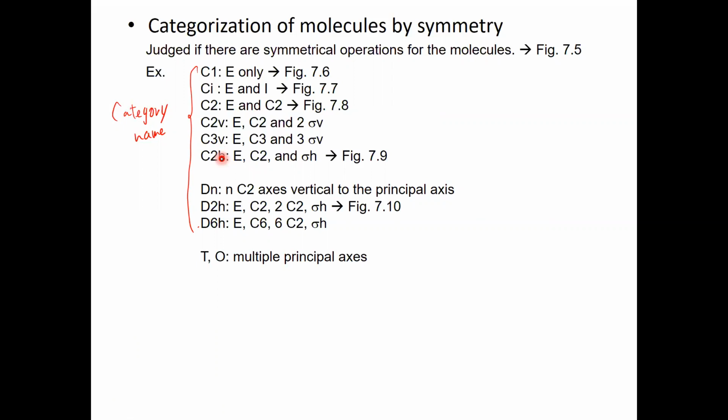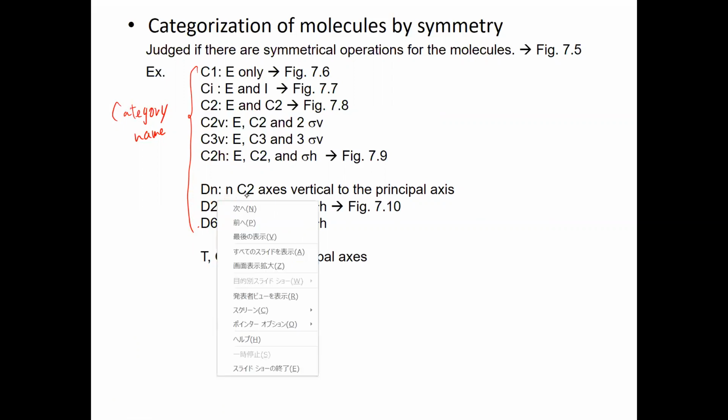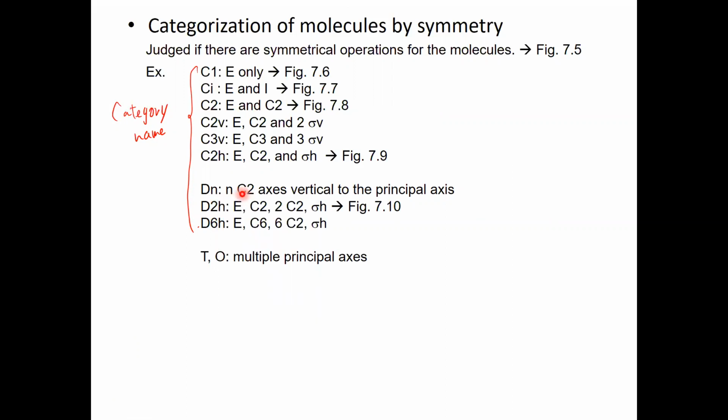Okay, and if we go further, you can see more symmetrical molecules. In the case of Dn, it means that you have n C2 operation axes vertical to the principal axis.